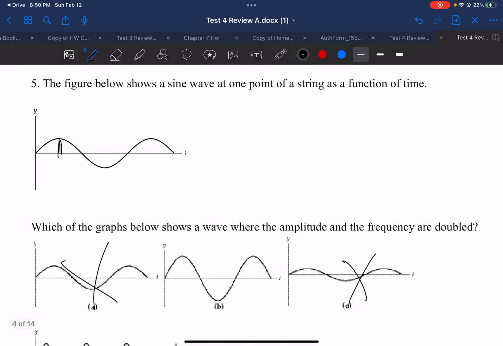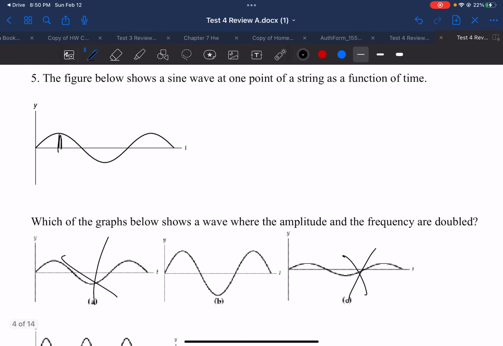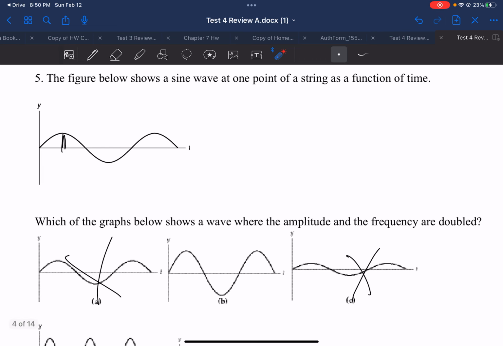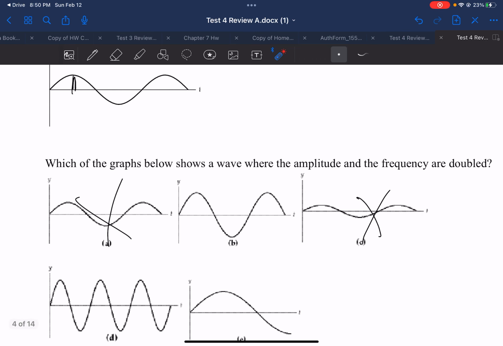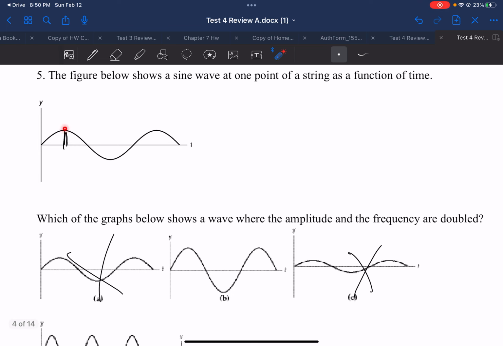We are told that the frequency is doubled. What is the frequency in this particular case? Well, all these graphs have t over here, which means that the x-axis is measuring time in seconds, which means that the distance from crest to crest is going to be the period, because it is the amount of time it takes for the function to get from its crest back to its original crest, which is a complete cycle.